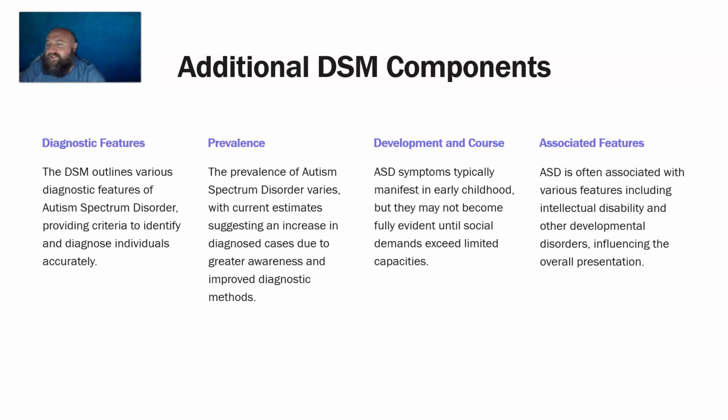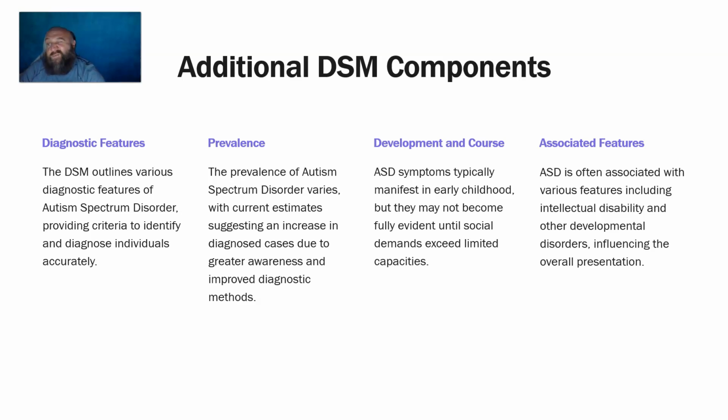So the DSM outlines various diagnostic features of ASD, providing criteria to identify and diagnose individuals accurately, kind of like what they would present as, what the typical case would be. It does include information about the prevalence of ASD.